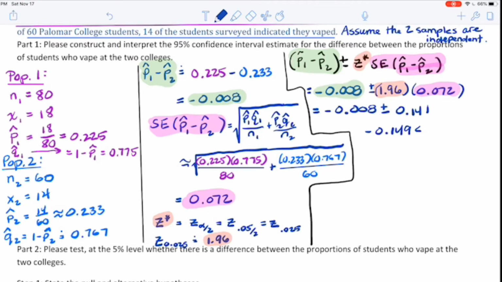That's got to be less than the difference between the actual population proportions. And then when I add the 0.141 to the negative 0.008, I get positive 0.133. So that is the confidence interval estimate, the interval of likely values of the difference between the two population proportions, right? So let's put that in words.